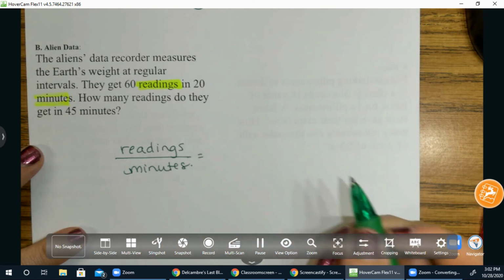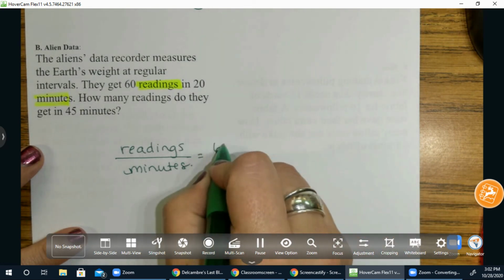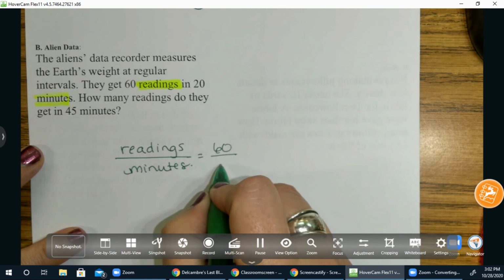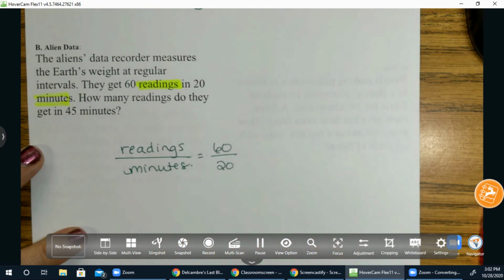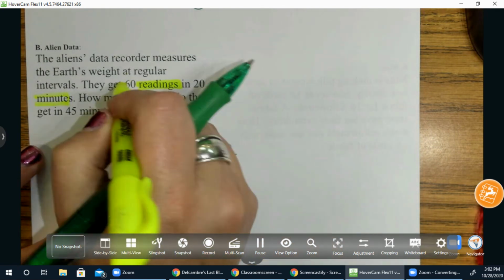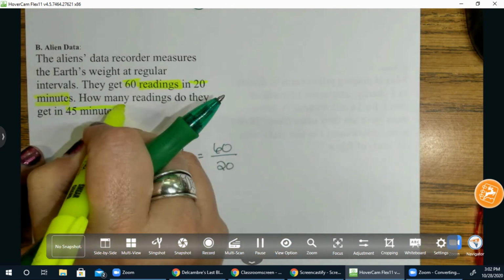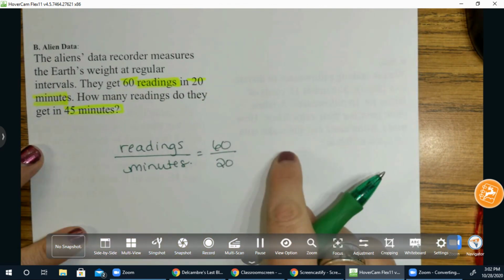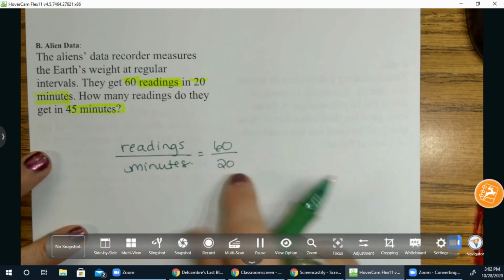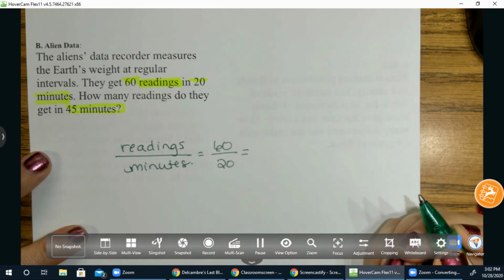Now, I know that they get 60 readings in 20 minutes. But I've got to figure out what 45 minutes would be. Okay, so I need to see if I can simplify this to a nice number.